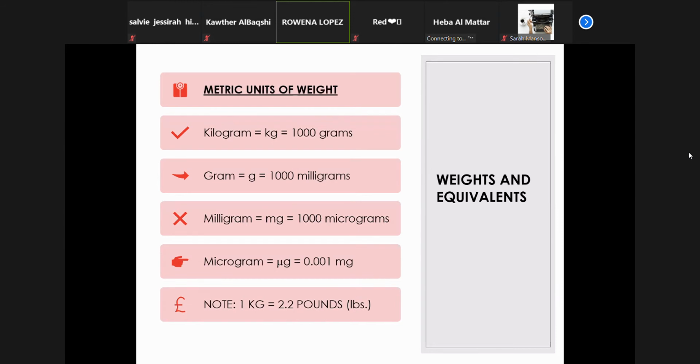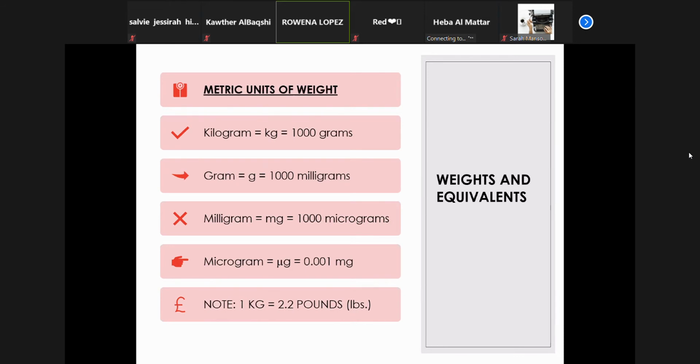So what are the metric units of weight? We have here kilogram, which is equivalent to 1,000 grams. Please take note of these weights and equivalents because we will have some questions and I will ask you to calculate, and hopefully you can still remember this. 1 kilogram is equivalent to 1,000 grams. 1 gram is equivalent to 1,000 milligrams. 1 milligram is equivalent to 1,000 micrograms. 1 microgram, or the so-called mcg, is 0.001 milligram.